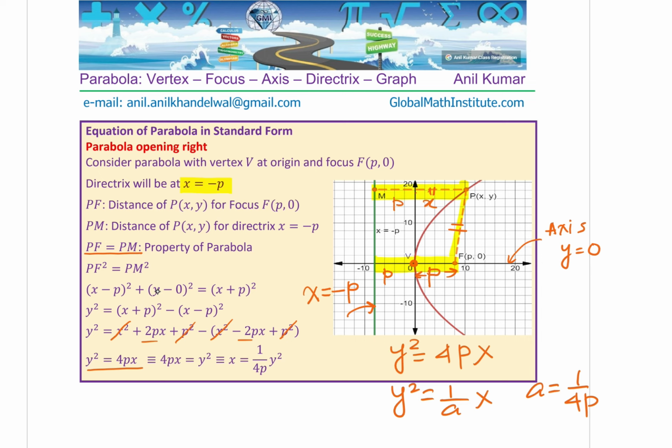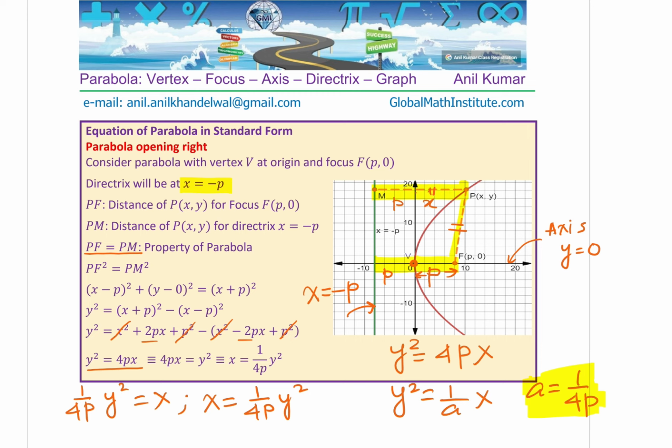So what I have done here is also reorganize the equation in different ways. y square equals 4px. I could also write this by isolating x, so we get 1 over 4p times y square equals x. You can see that, right? So x equals 1 over 4p times y square, and that gives you the relation I'm talking about: the vertical stretch factor is 1 over 4p.